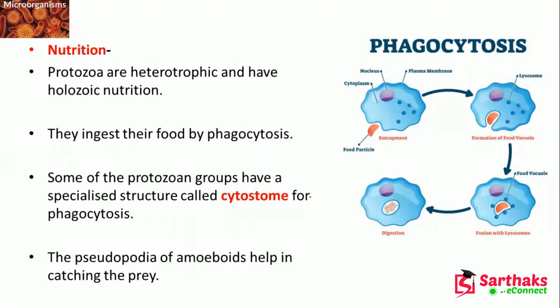Next is nutrition, how they take their nutrition. Protozoa are heterotrophic and have holozoic nutrition. On the right-hand side you can see a food particle and the entrapment, and this is the cytoplasm, the nucleus and the plasma membrane.